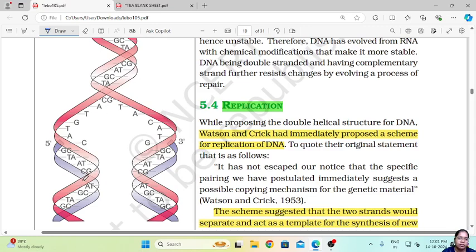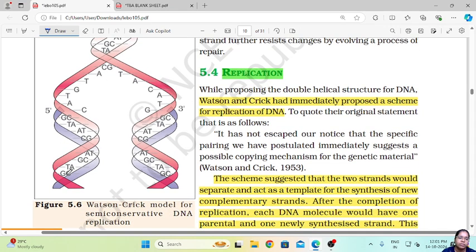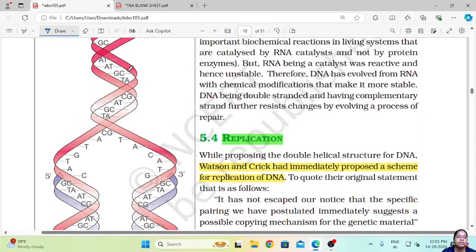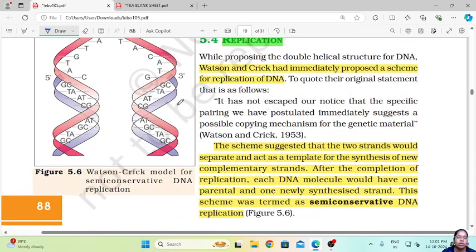From one strand of the DNA, a new strand will be synthesized, and this will form a double helix DNA. In the same way, the other strand will act as a template, new nucleotides will be added, and it will form a new double helix DNA. So from one single parent DNA you will get two daughter DNAs.